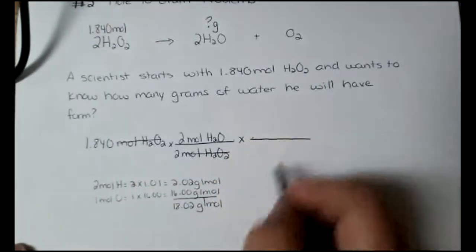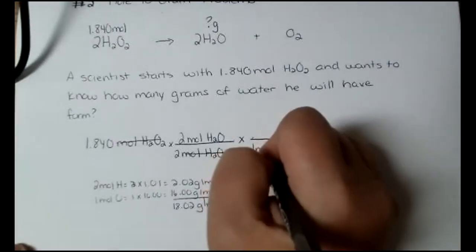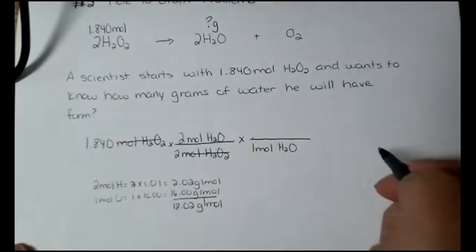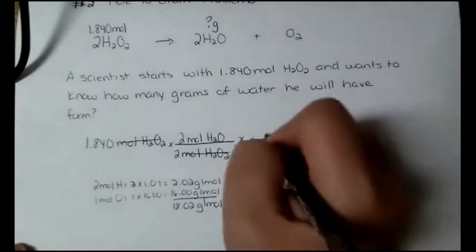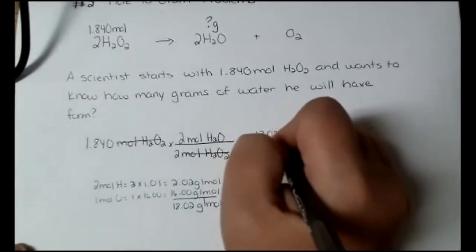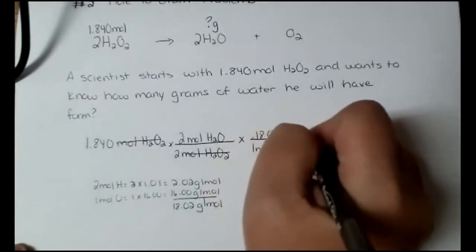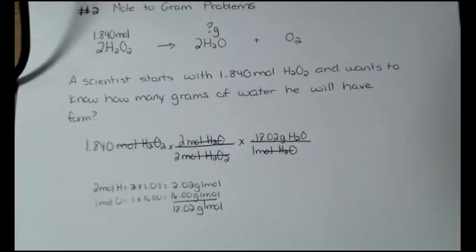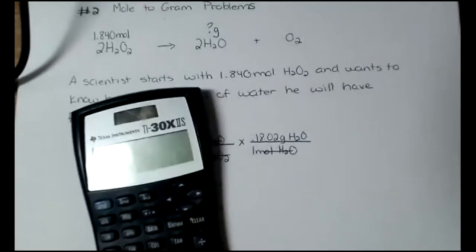So now I'm going to put this in, and I need to put 1 mole of water on bottom, and then I'm going to put my grams on top. So now moles cancel out. Now I'm going to run it through my calculator.